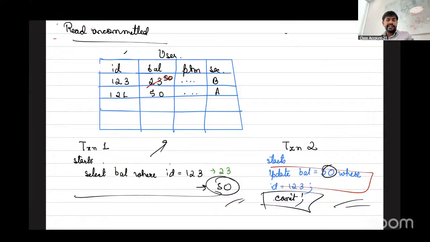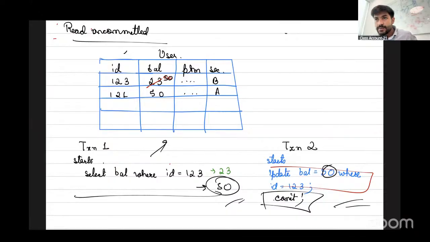So read uncommitted, if you observe, is the lowest level of isolation, where even if there is a change in any value and it might roll back, even though it is not committed, still one transaction would read it.